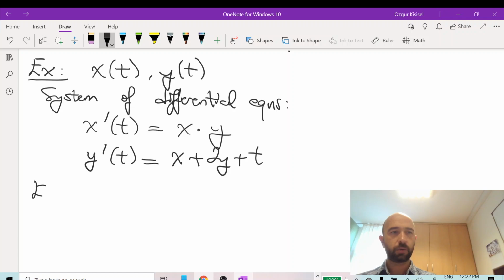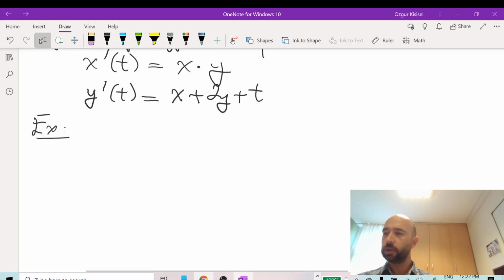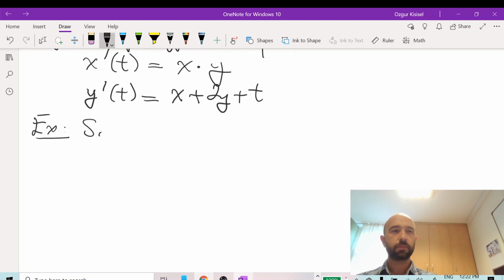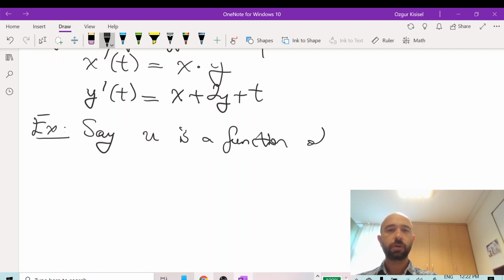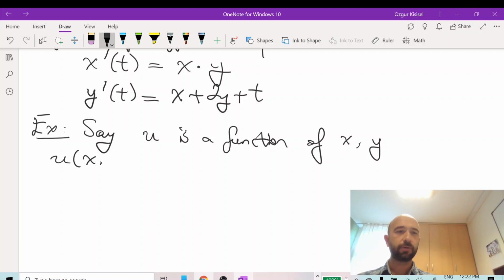Now, another type of example, quite different. This time we have a function of not just a single variable, but two variables, let's say x and y. So it's a multivariable function, u of x, y, the type of thing that you studied in multivariable calculus.